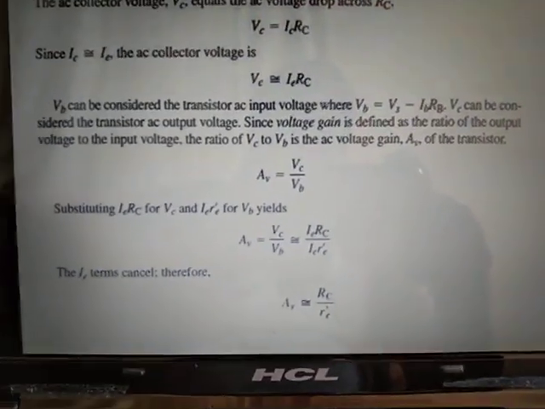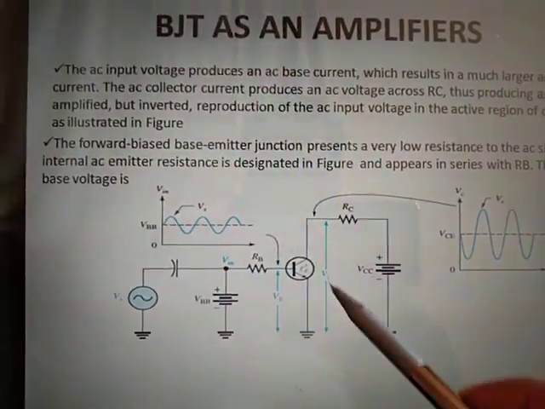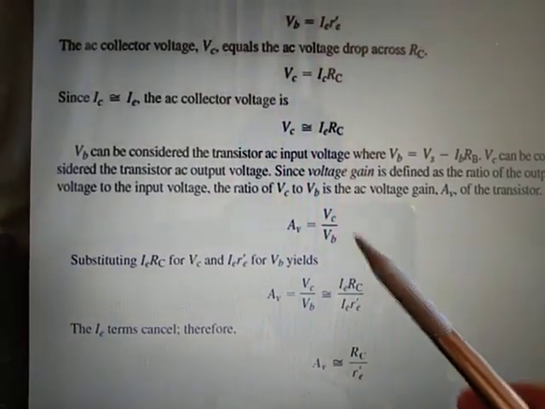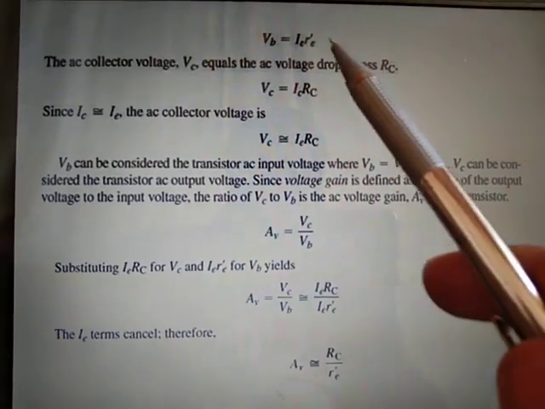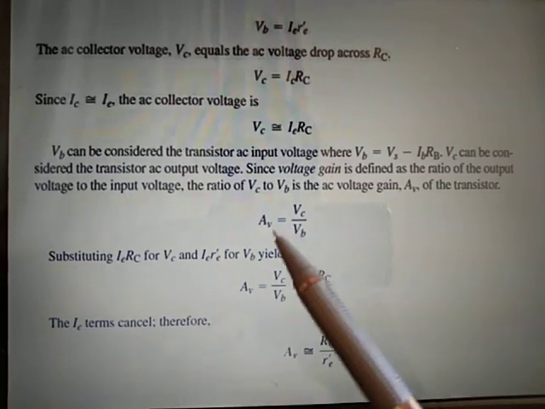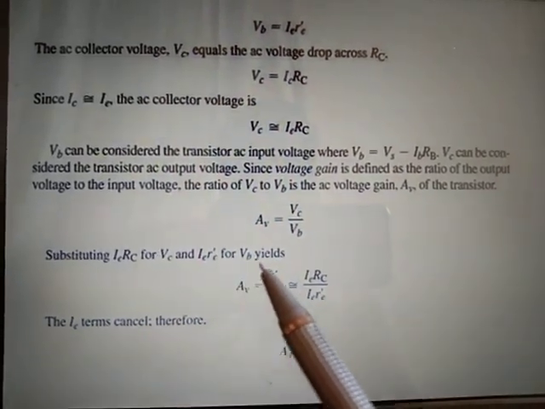Therefore, what is the gain of the transistor? Vc divided by Vb. Therefore, AV is equal to Vc by Vb. And what is Vc? IE into Rc. Vb is IE into Re dash. These two equations are substituted in this equation: substituting IE Rc for Vc, IE Re dash for Vb.